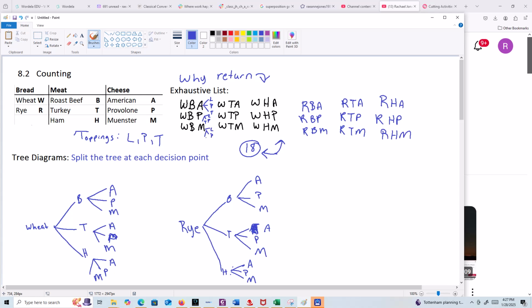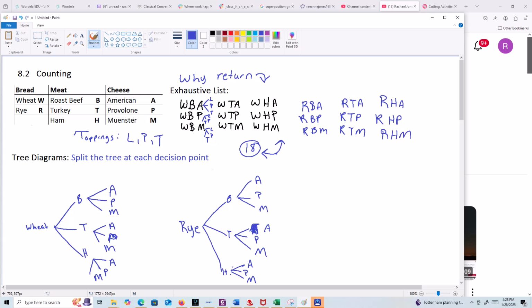Now Kevin is really into math, and he's wanting to know the probability that the next person purchasing a roast beef sandwich with provolone and lettuce on either bread type. So the important things that he's needing to know about, doesn't matter about the bread, but who is going to be getting beef and provolone and lettuce.